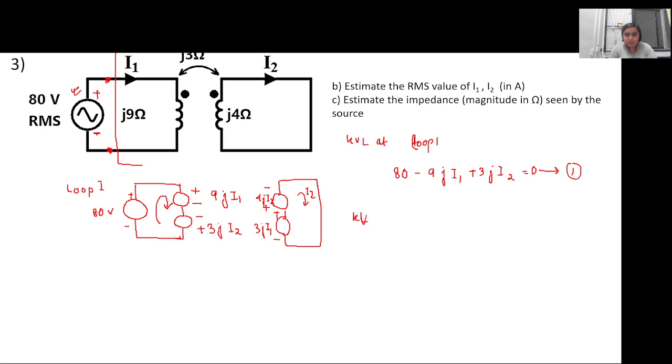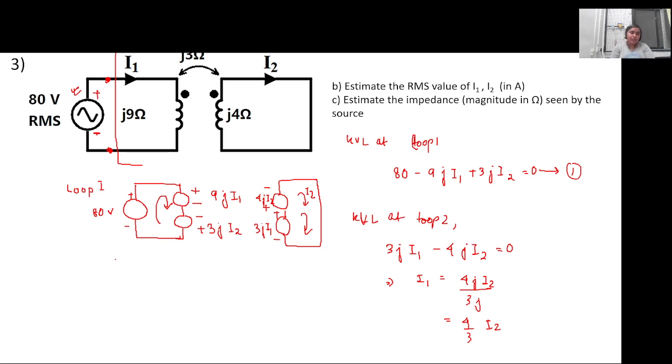KVL at loop 2: if we move along this direction, it is 3j I1 minus 4j I2 equal to 0. So we have I1 in terms of I2. We can write I1 equal to 4j I2 by 3j, so it will be 4 by 3 I2.